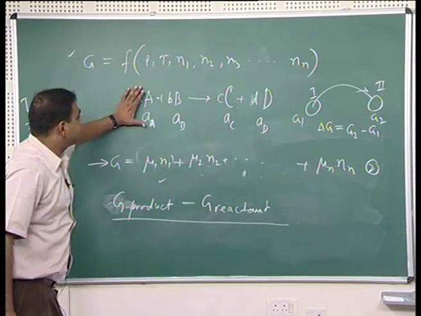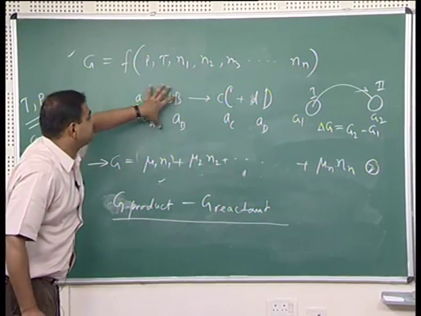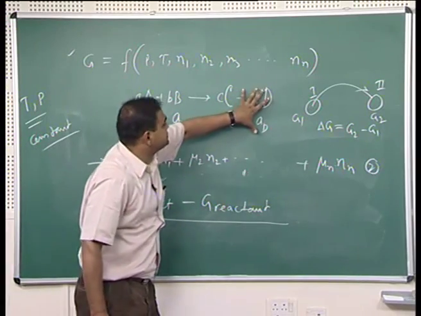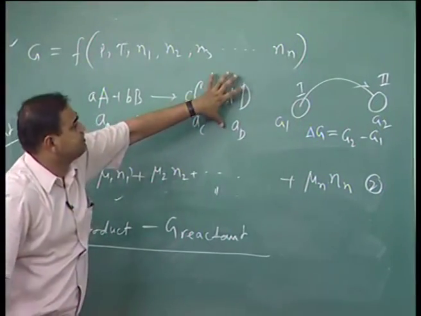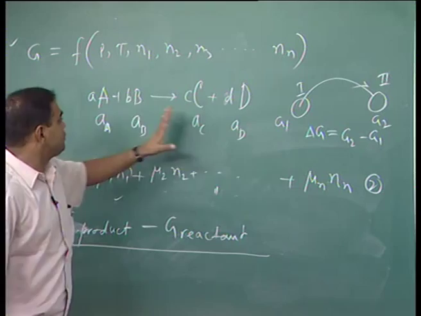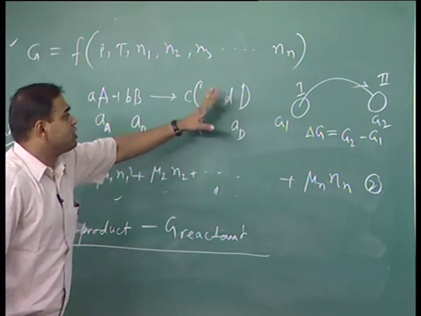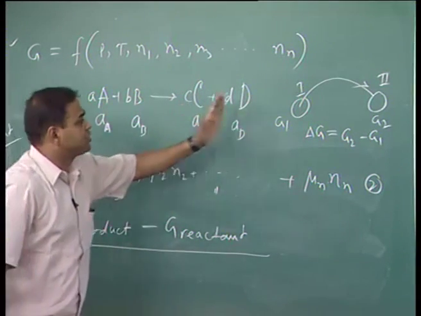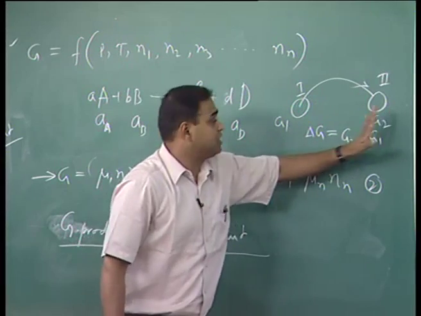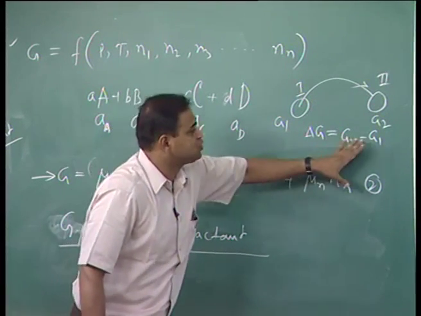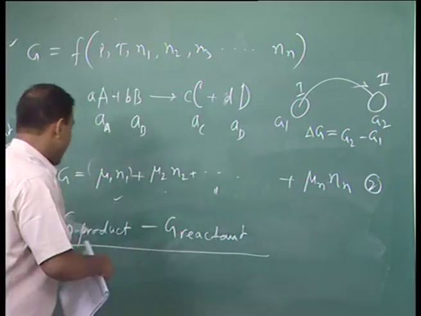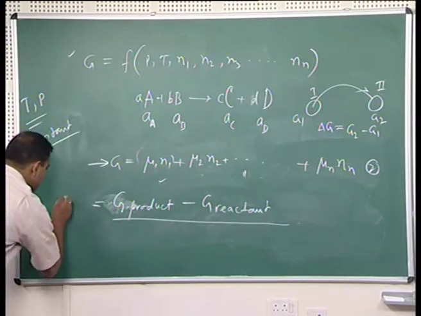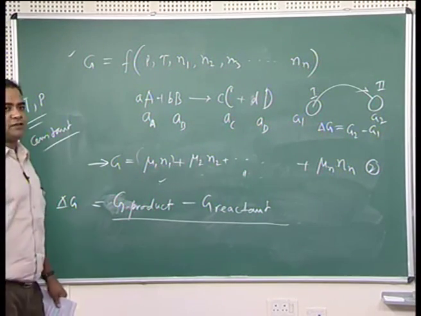You have some free energy associated with the reactants and some free energy associated with the product term. If you go from this end to this end, you are going from G1 to G2, and G2 minus G1 would be my free energy change for this process.